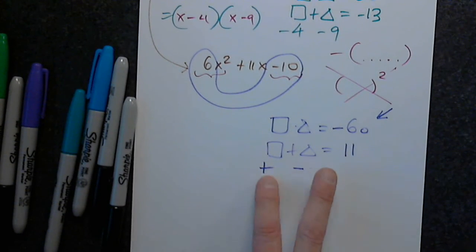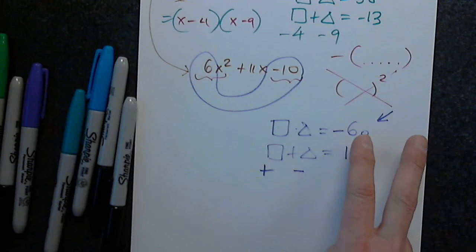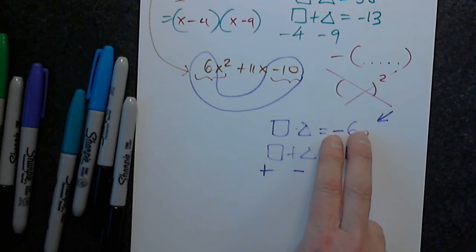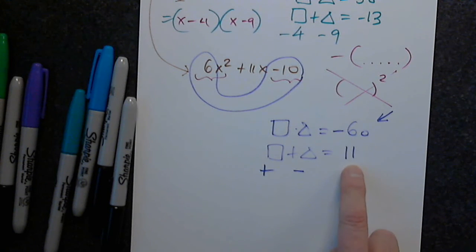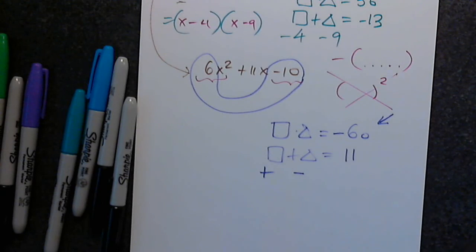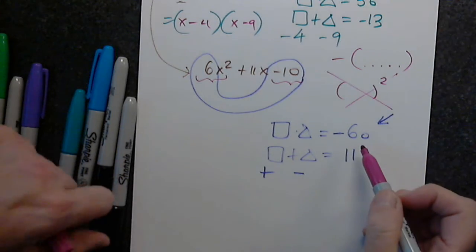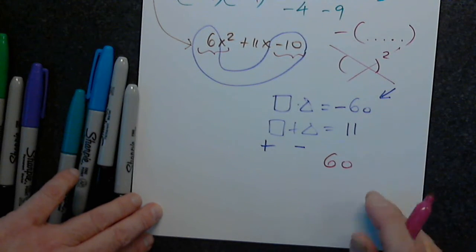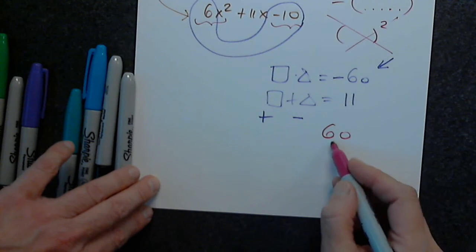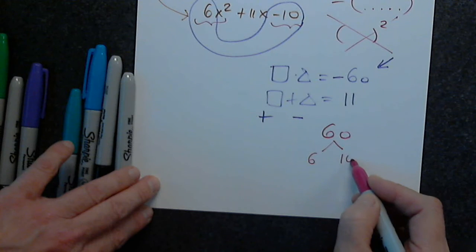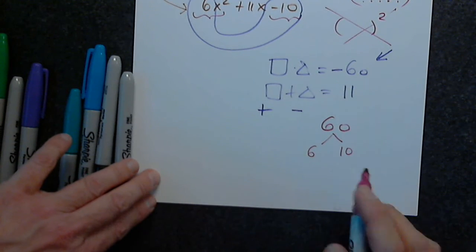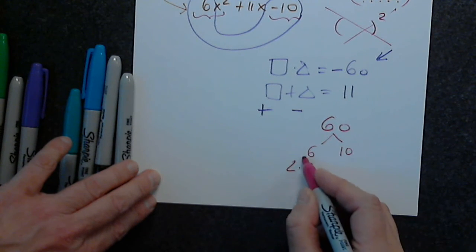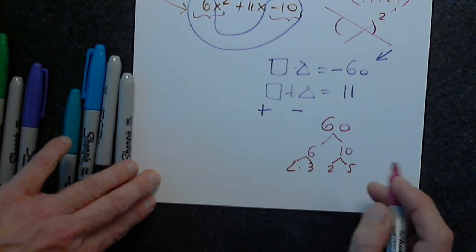So I need a positive number and a negative number whose product is negative 60, and at the same time whose sum is 11. Now, you could say, well, this negative 60 is quite big. I agree. But when I look at 60, this is what I see. I see a 6 and a 10, prime numbers. I see 2 and a 3, prime numbers, and I see 2 and a 5.